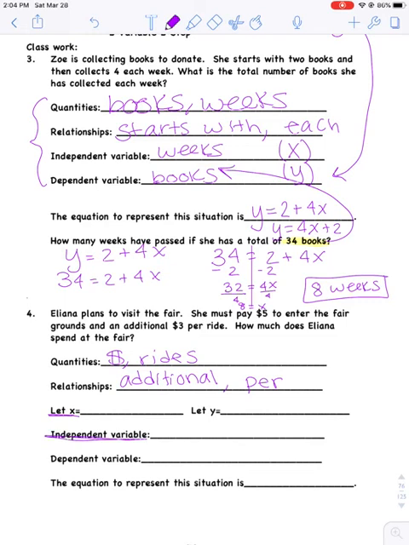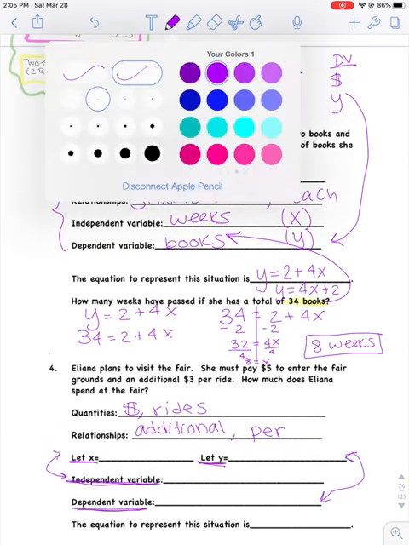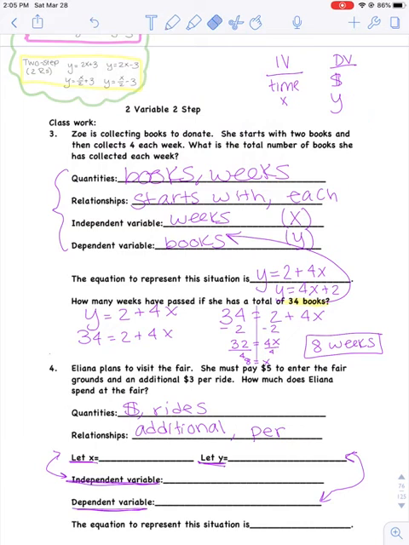Now, I know whatever I write for let x has to be the same as what I write for my independent variable, because x means independent. Whatever I write for y has to be the same as my dependent variable, because y goes with dependent. If I look at my key at the top, I see money goes with dependent, and it goes with y.